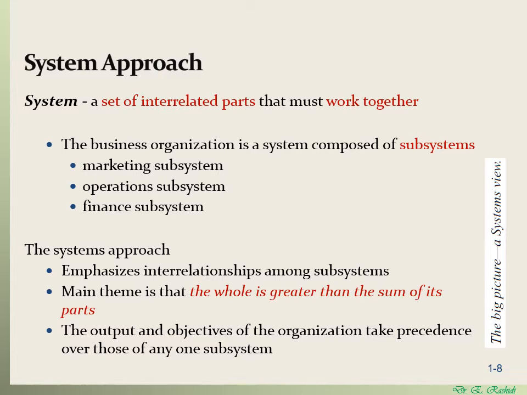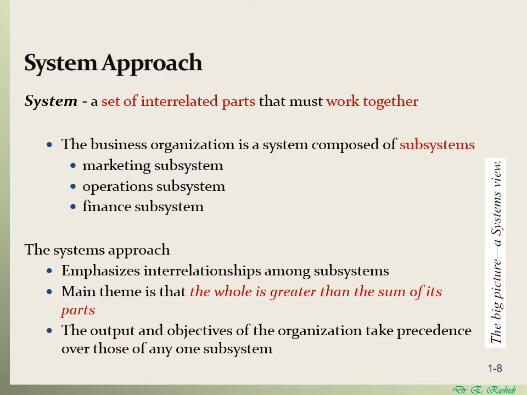We talked about the three basic functional areas of an organization. So if we view that organization as a system, those parts can be considered subsystems. So we have the marketing subsystem, the operation subsystem, and the finance subsystem.